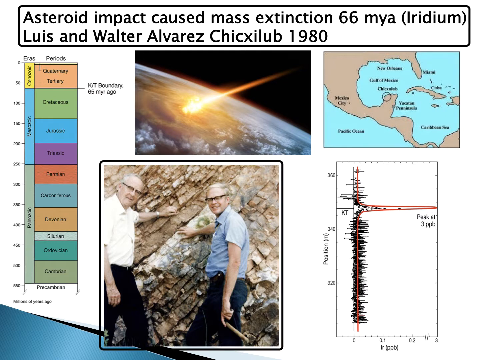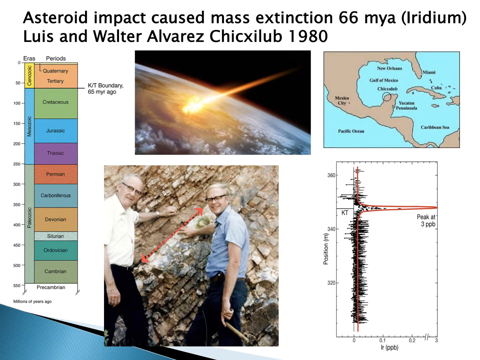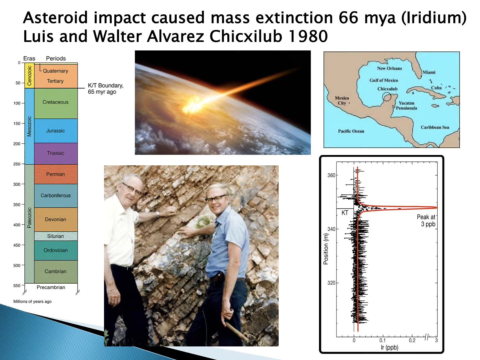So Luis and Walter Alvarez, a father-son team, started looking at what was unique about that rock layer. And they discovered, by looking at how much iridium was in the rocks, that above that 66 million year mark there was very low iridium, and below that there was very little iridium.